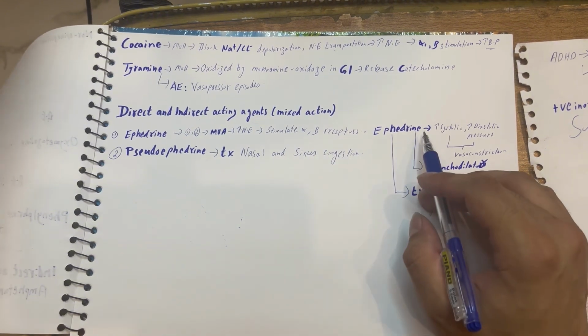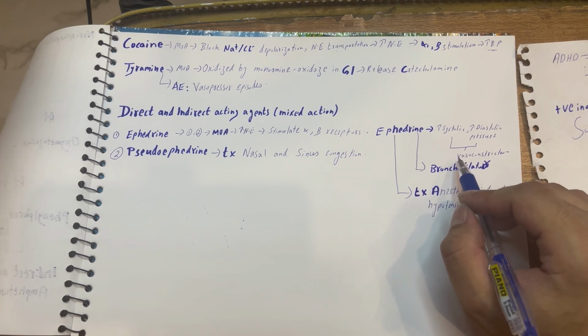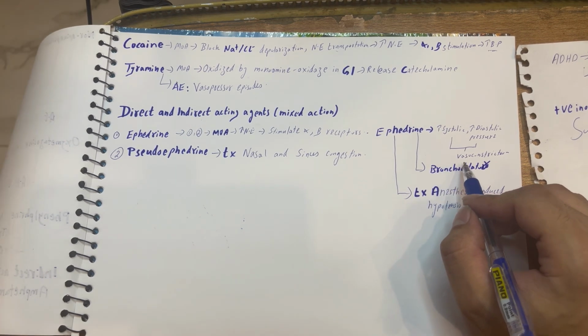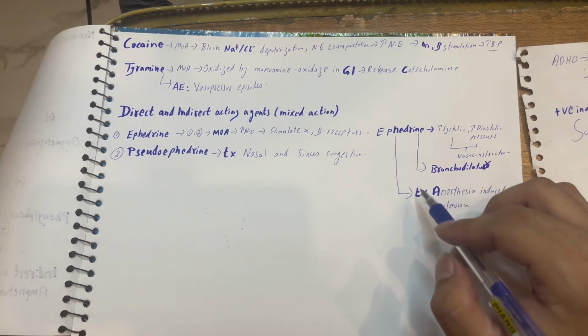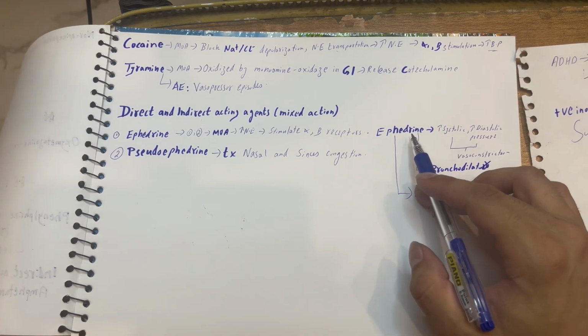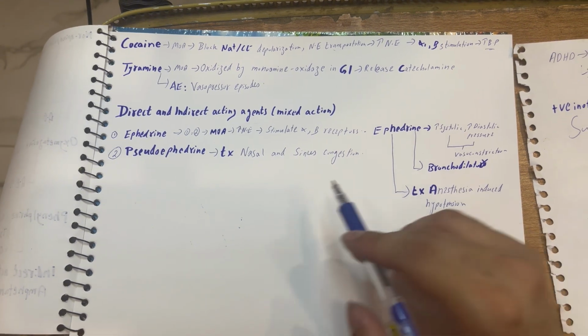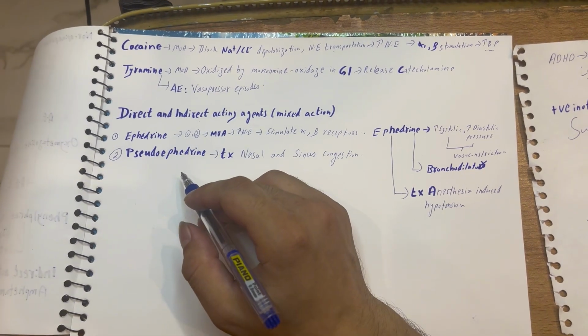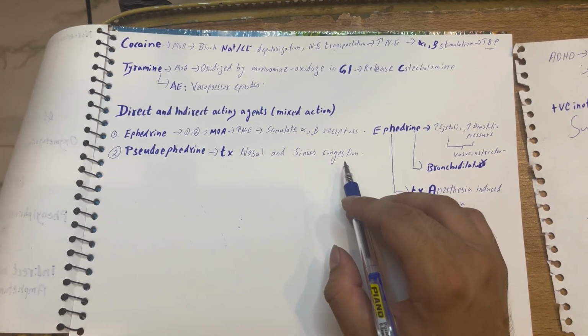Ephedrine increases systolic and diastolic pressure, which combined have vasoconstriction properties. Ephedrine is also used as a bronchodilator. Ephedrine is used to treat anesthesia-induced hypotension. Pseudoephedrine is used to treat nasal and sinus congestion.